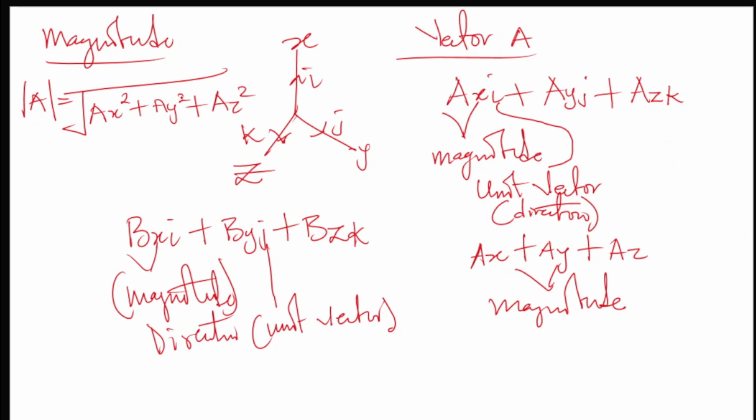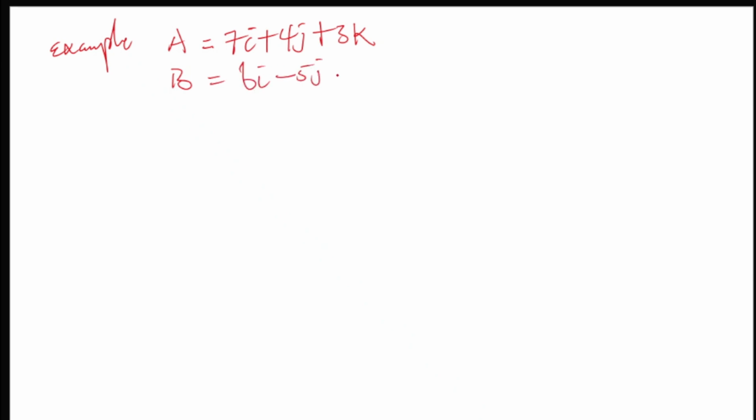In fact, let's take an example. Let's say we were given vector A to be 7i plus 4j plus 3k, and we're given vector B to be 6i minus 5j minus 8k, right?